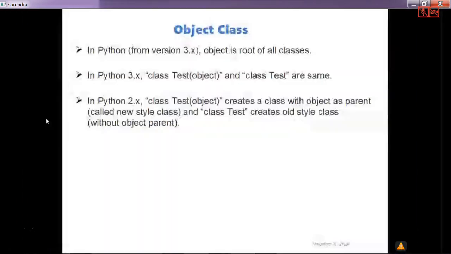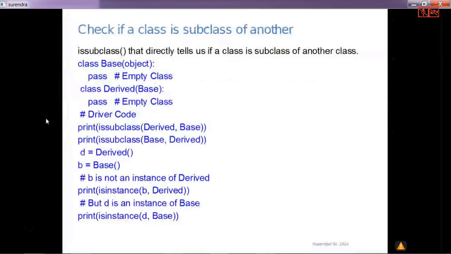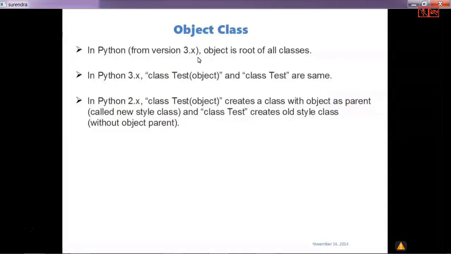So now everyone got to know why we are writing object over here. Object is the root for all the classes. That's why we need to write it that way. From Python 3.x onwards, there is no difference between writing the class name alone, or the class name followed by object, or empty parentheses; both are the same.